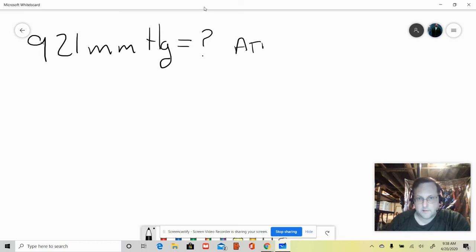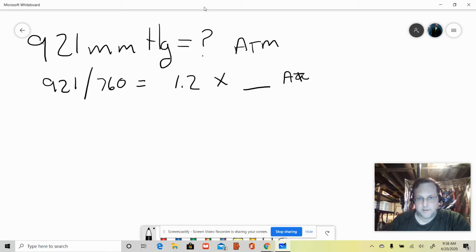So this is easy, right? Because I go 921 divided by 760, and that will equal 1.2. And then I multiply it by whatever the factor is for atmospheres, which in this case is 1, which means I equal 1.2 atmospheres.